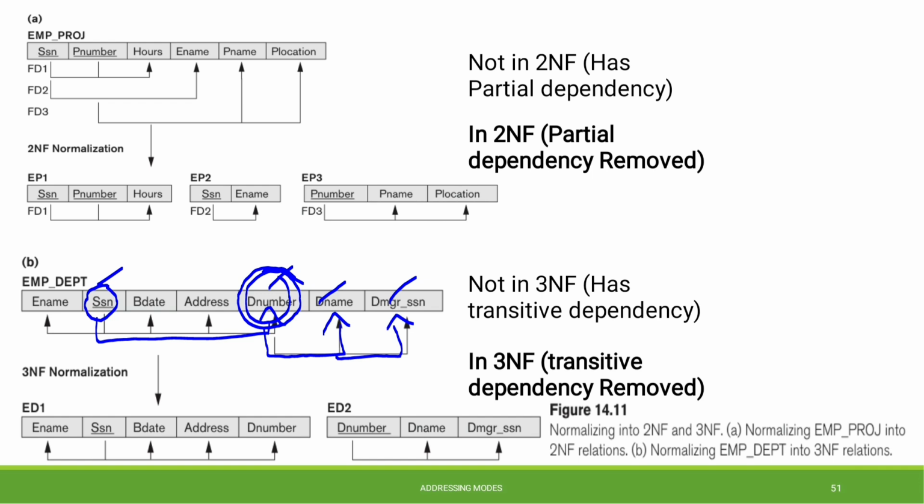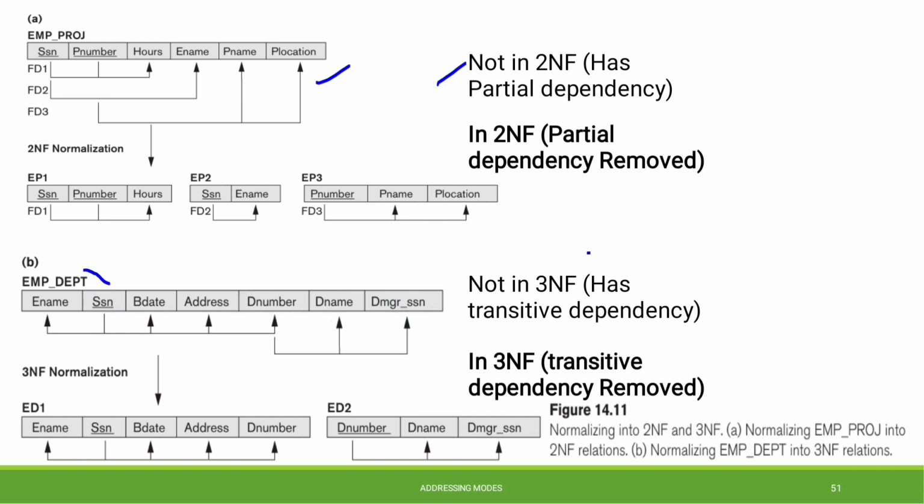This shows transitive dependency. Suppose we take SSN as X, a prime attribute. It is deciding the value of D number, another non-prime attribute, which we take as Y. But Y decides the value of another non-prime attribute, that is D name, which is Z. Now X decides the value of Y, okay, this is a prime attribute.